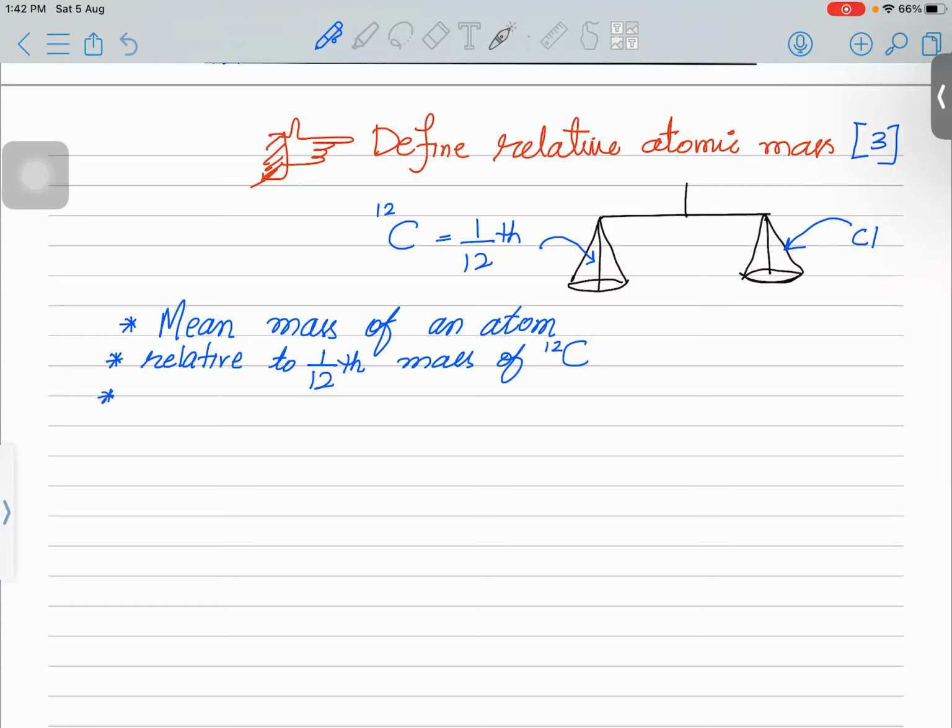For the third mark, you have to write on a scale where a carbon 12 atom has exactly 12 units. Exactly 12 units.